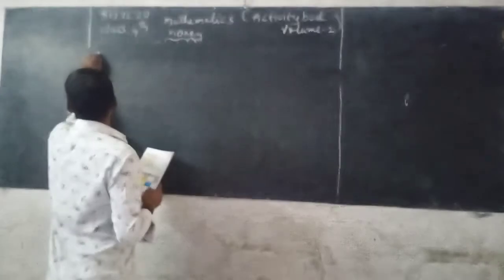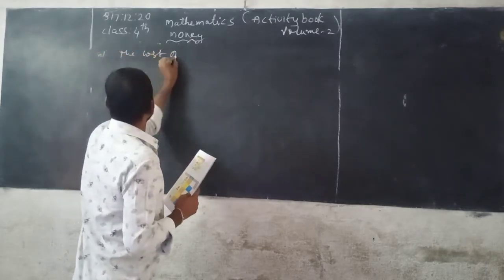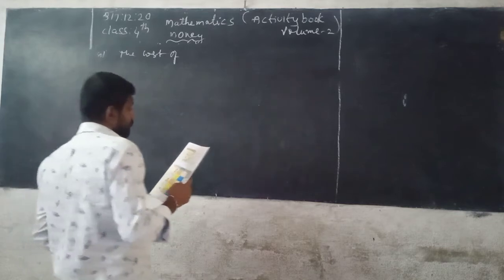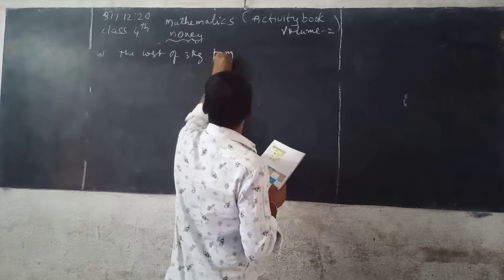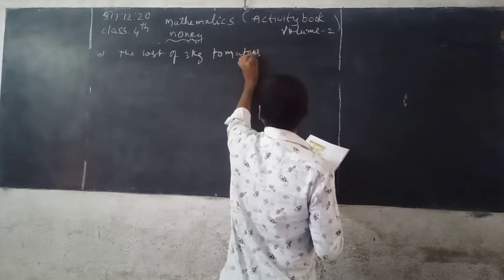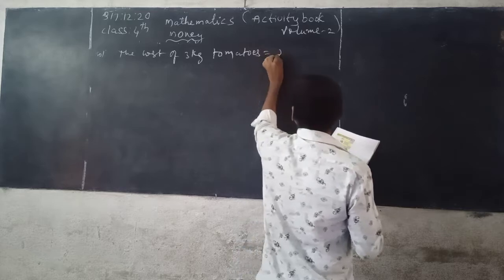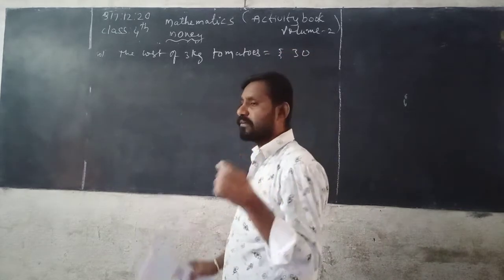Solution. The cost of 3 kg tomatoes is equal to 30 rupees. So you can find out the cost of 1 kg of tomato.